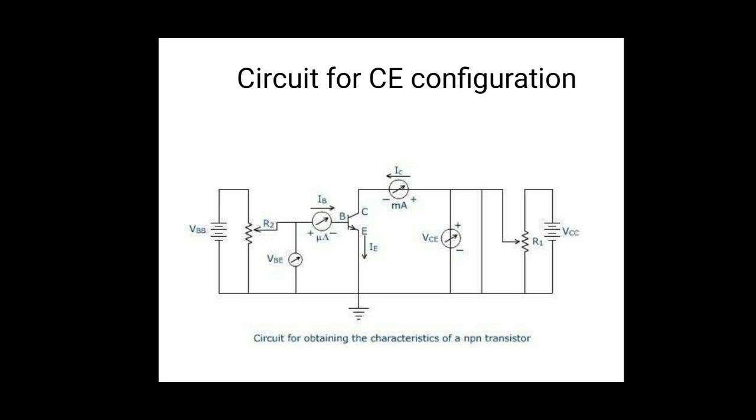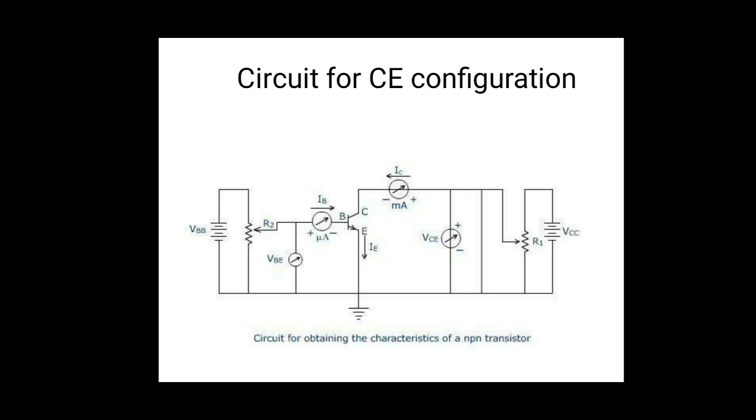We have used the voltmeter to measure the voltage, and we have used the ammeter to measure the current. See here, the input current IB we have measured in microamperes, and the output current IC is measured in milliamperes.